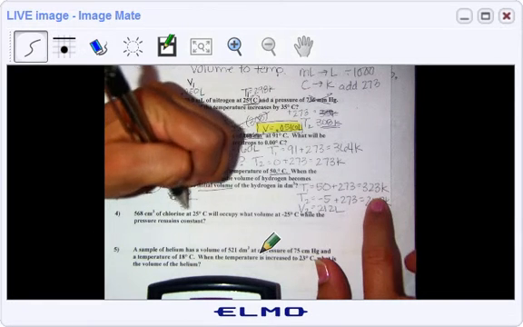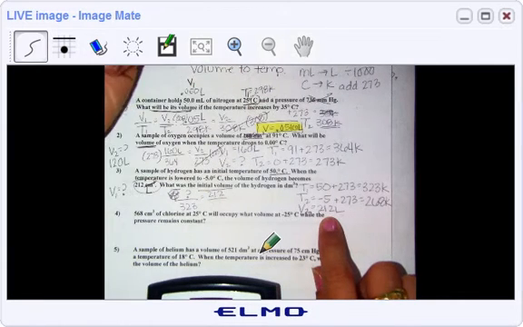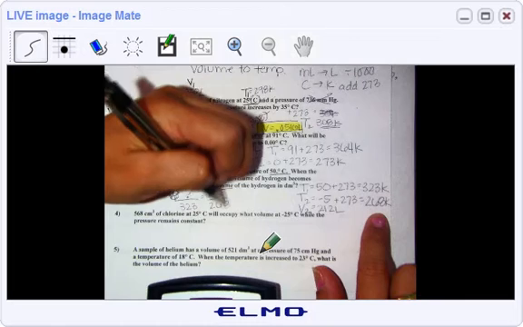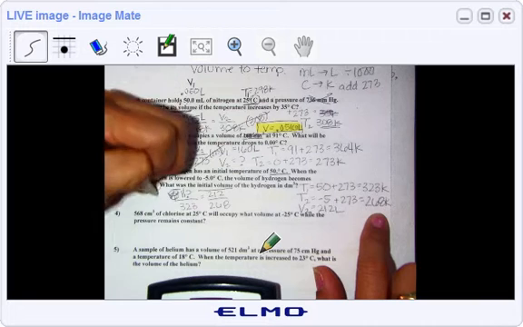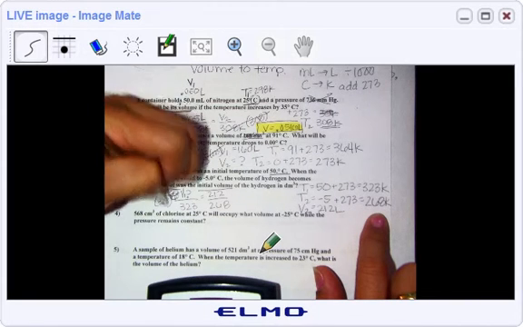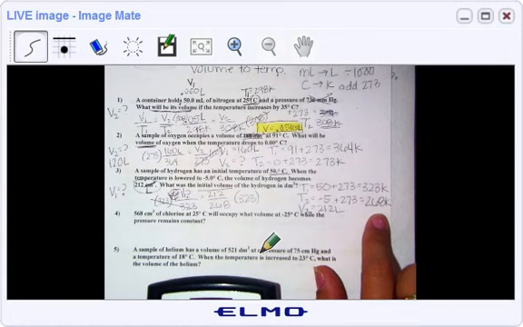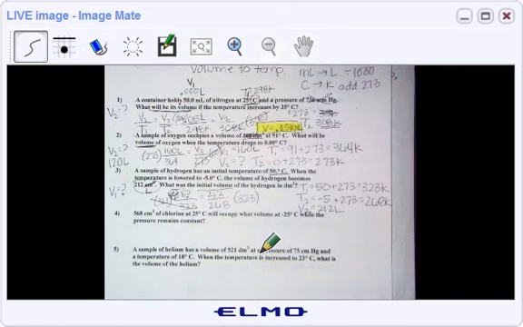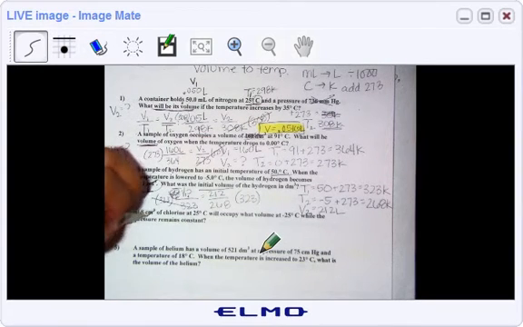T1 is... type it in the calculator. You can solve for that on your own. And you'll be responsible for 3, 4, and 5. If there's anywhere where it says centimeters cubed, go ahead and just change that to liters.